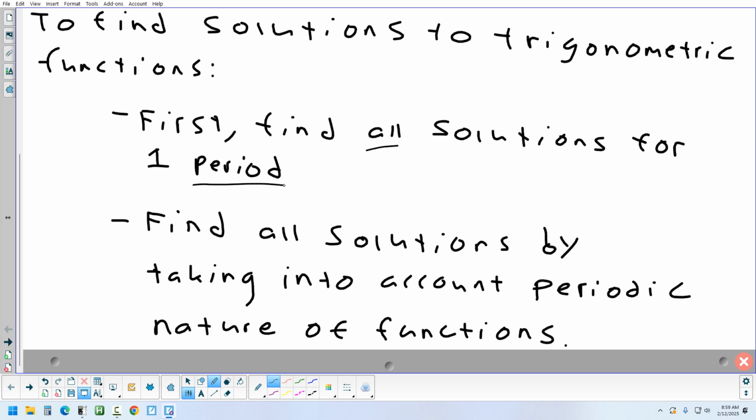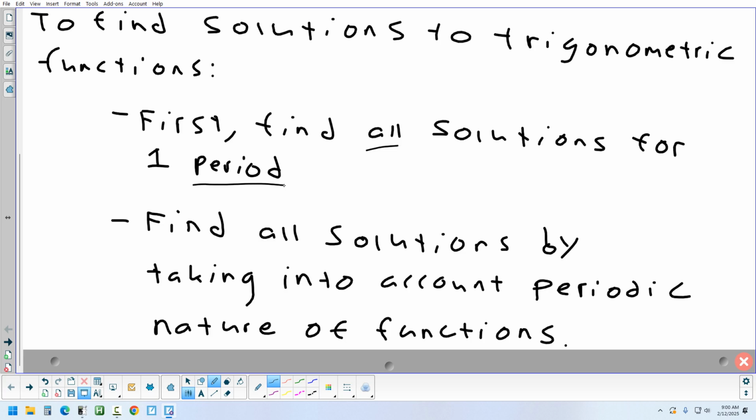What's that formula? Do you remember how we find the period of those four functions?